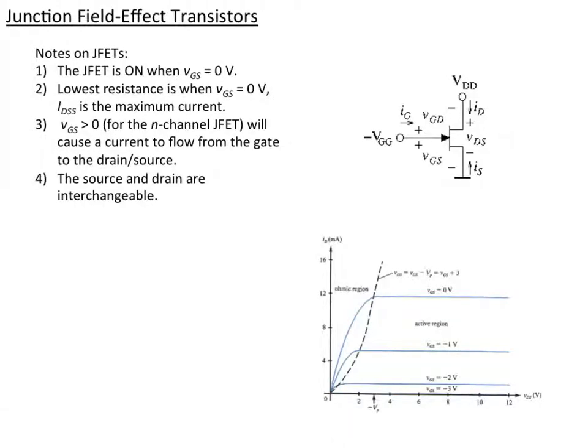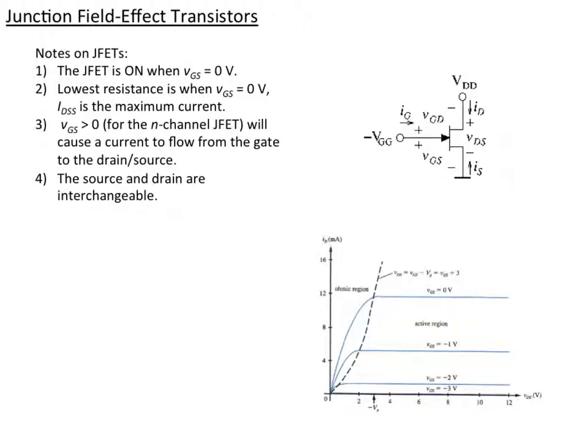A few more notes on JFETs to notice before we go on to MOSFET transistors. Note that the transistor is on when the gate source voltage is 0, so you can think by default it's on.